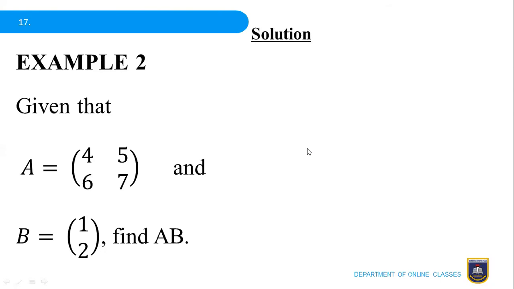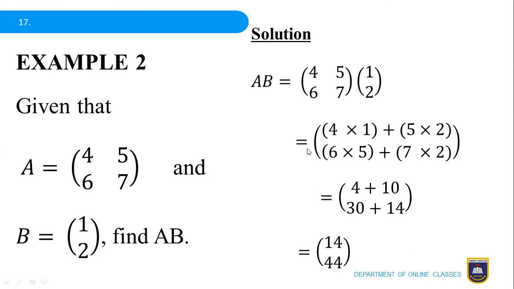Let's look at the solution. So we have 4 times 1, and 5 times 2 will also give us this. 6 times 1 is this. Okay. So there is a typo here. 6 times 1 is supposed to be 6.